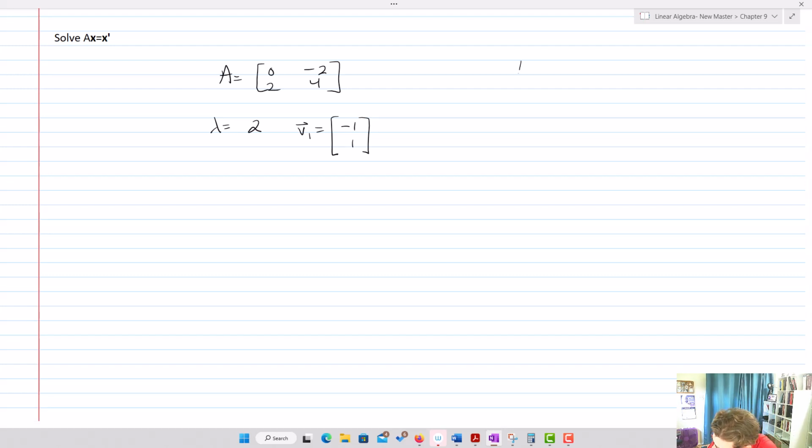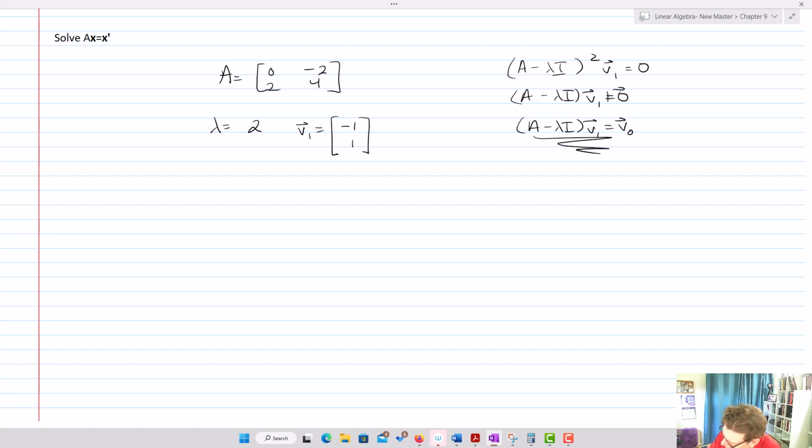Remember that we need (A - λI)²v₁ = 0, (A - λI)v₁ does not equal 0, and (A - λI)v₁ should equal v₀. By the way, we'll deal with that last one at the end. That's going to give us our v₀.